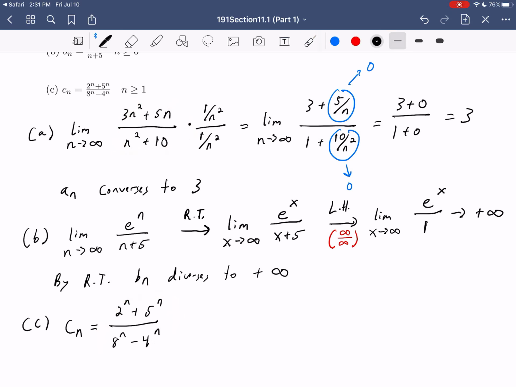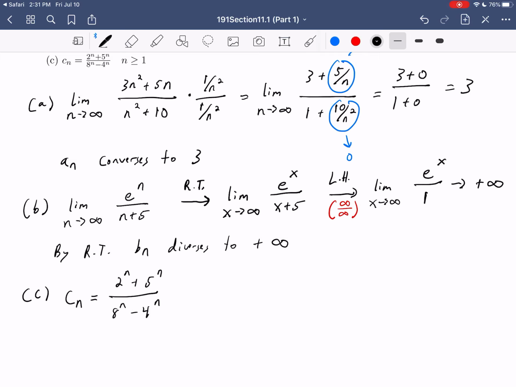So we do the same trick. Let's locate the largest thing in the denominator. Here, it's not the largest power. It would be the largest base. So let's go ahead and multiply by 1 over 8 to the n, 1 over 8 to the n. Oh, forgot my limit there. Sorry. Let's go back and just erase that. Got to have our actual limit of what we're trying to do here. So limit as n goes to infinity of 2 to the n plus 5 to the n over 8 to the n minus 4 to the n.